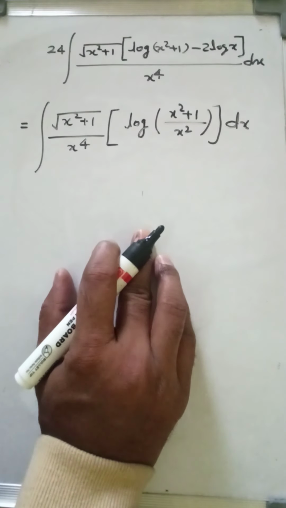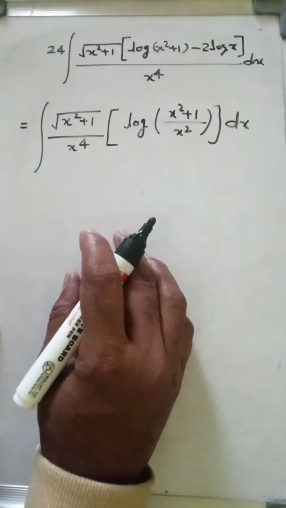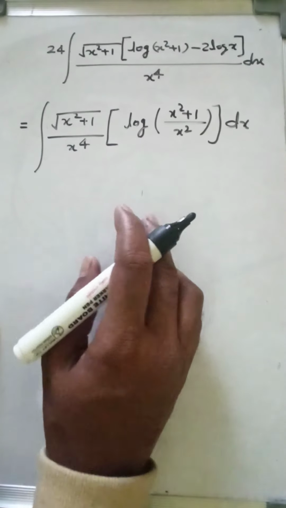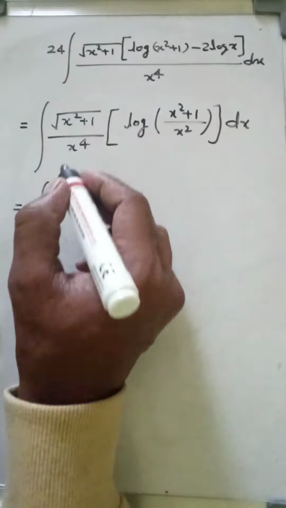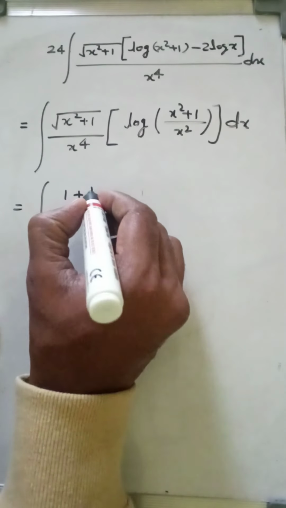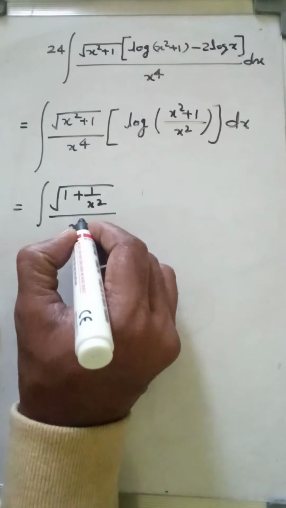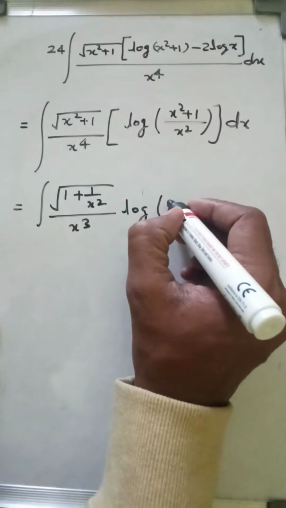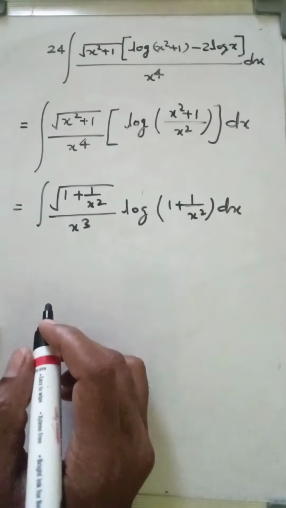Log a minus log b, and this 2 will go here, so it will be log a by b. Okay, and here 1 x will take inside, so it will come 1 plus 1 by x square in numerator, and here x cube, and log of 1 plus 1 by x square into dx.